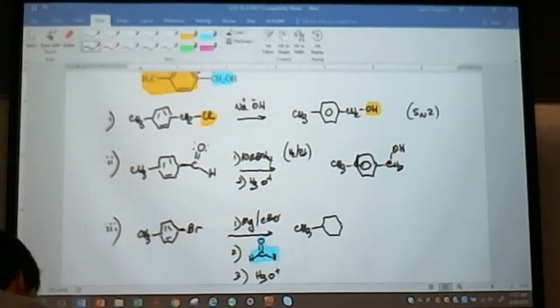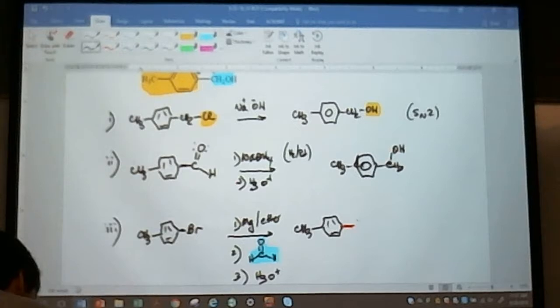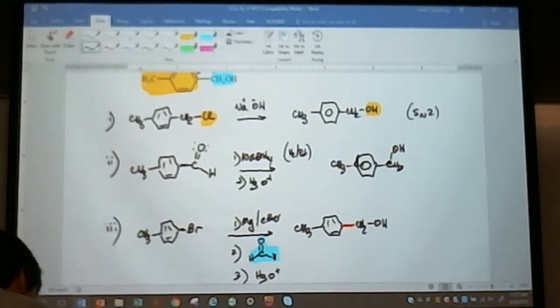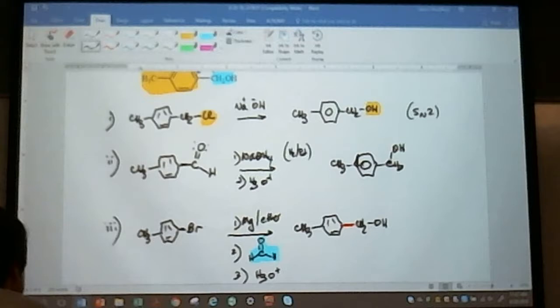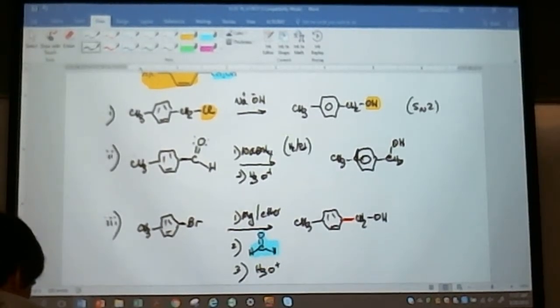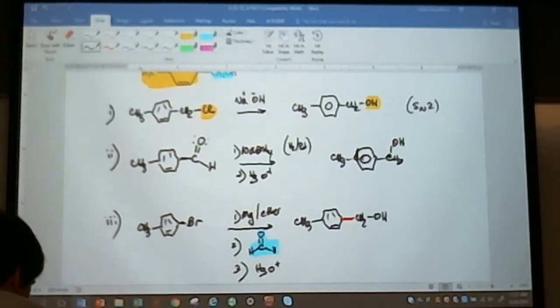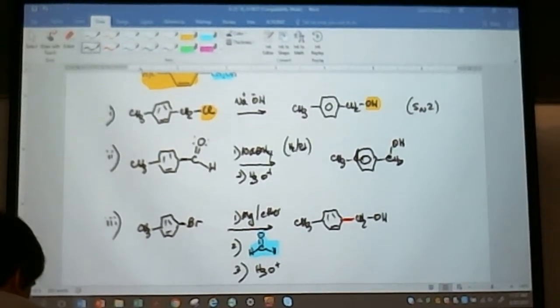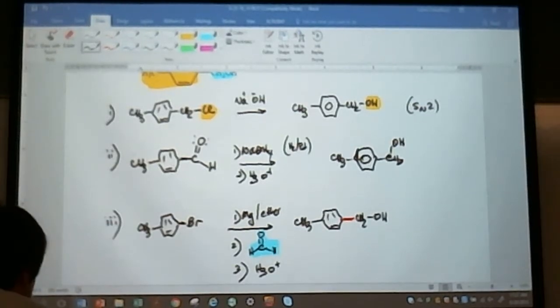Right, and make this carbon-carbon bond right here, and this becomes a CH2OH. So a variety of different ways in which I can make the same product.